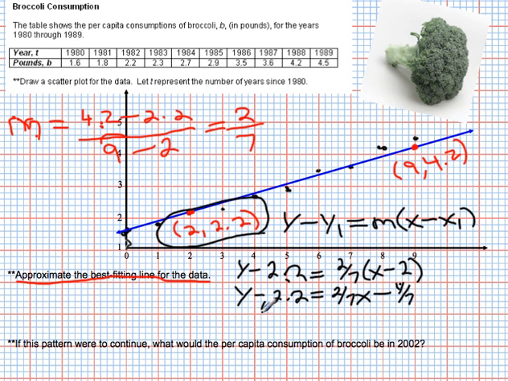So now if I add 2.2 to both sides, y equals 2/7 x minus, actually it's going to be plus. So now if I were going to work out negative 4/7 plus 2.2, I would think of 2.2 as 22/10.